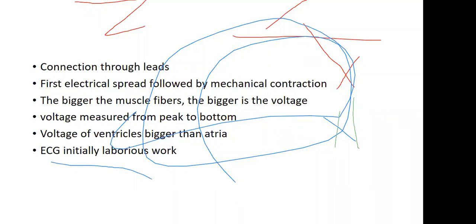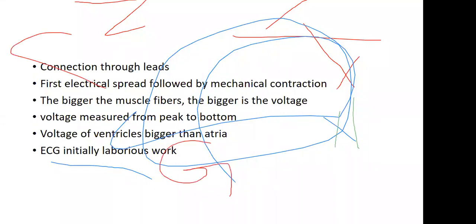The bigger the muscle fiber, the bigger is the voltage. Voltage is actually the strength of the ECG wave. It is measured from the top to the bottom. For example, from the top of the R wave to the bottom of the S wave. This is the voltage of the ventricles.